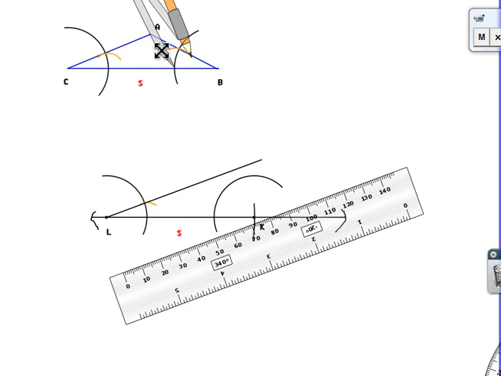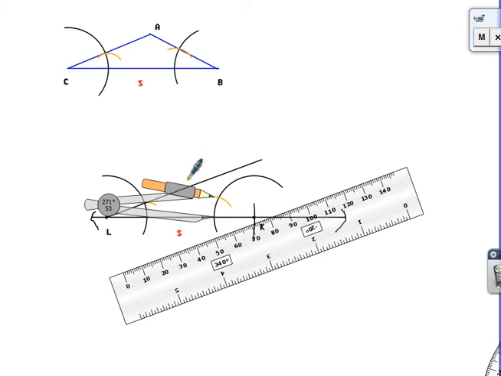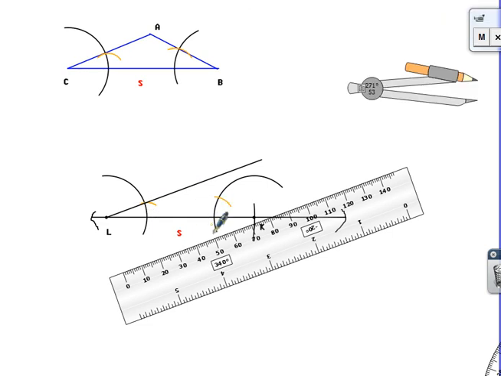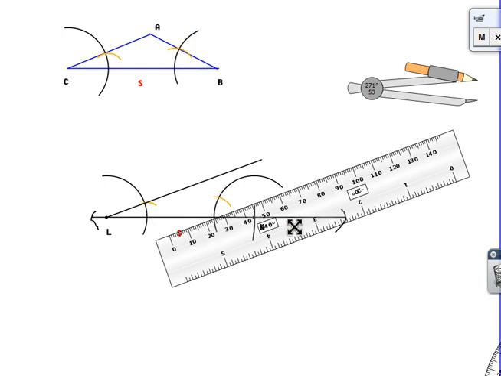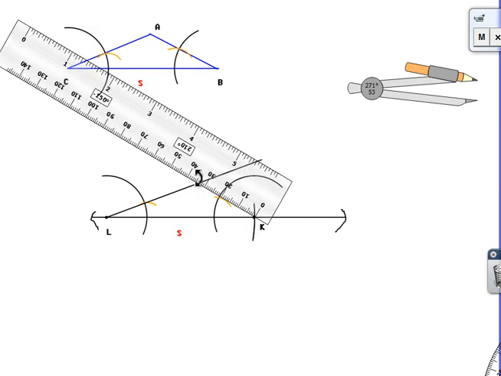So now I go here. I just mark it there. And I'm good with that. So now this angle is the same as this angle. And don't forget, the angle is the rotation in between the two sides, the two rays, the two lines, whatever it is.